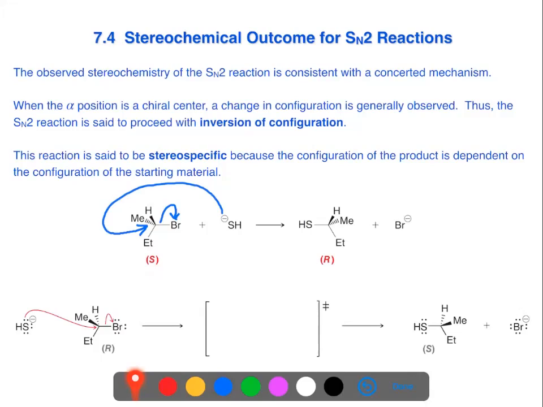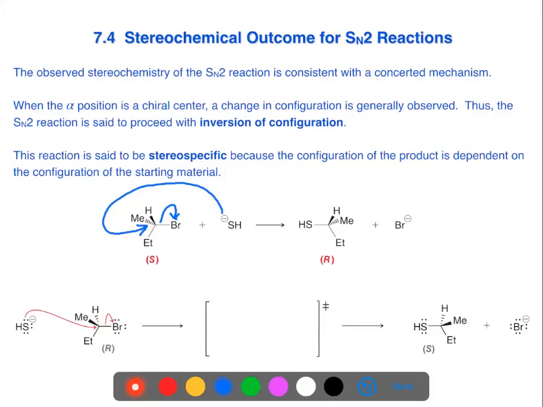So when we look at this in more detail, as shown below, we have nucleophilic attack onto the alpha carbon and loss of the leaving group. This occurs simultaneously. This is the concerted mechanism for the SN2 reaction. Now, what do we observe at the transition state?